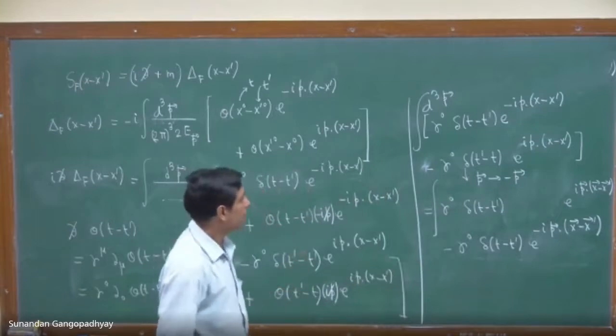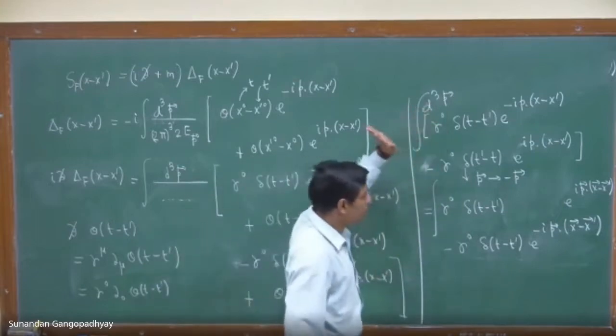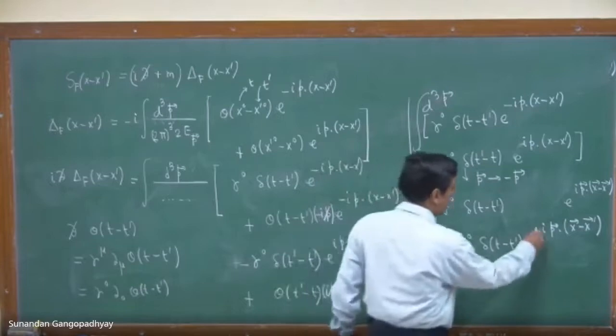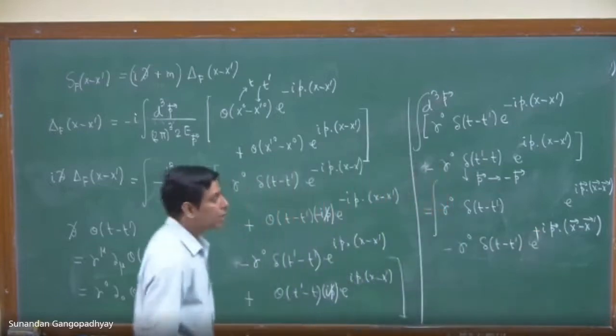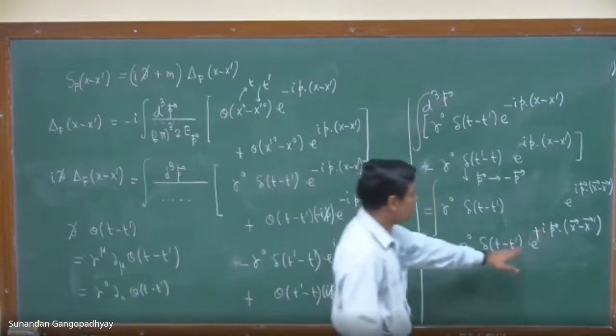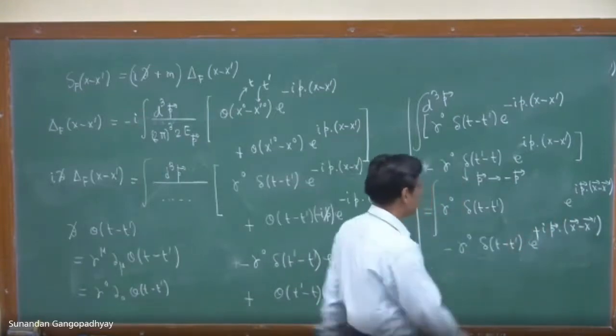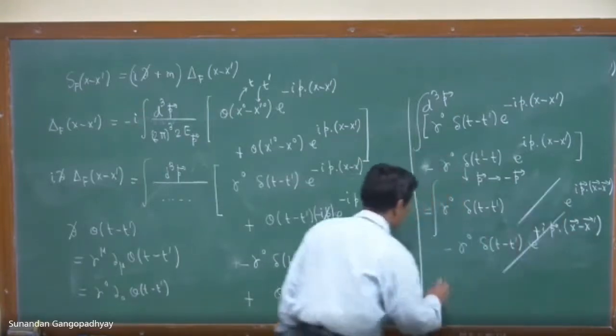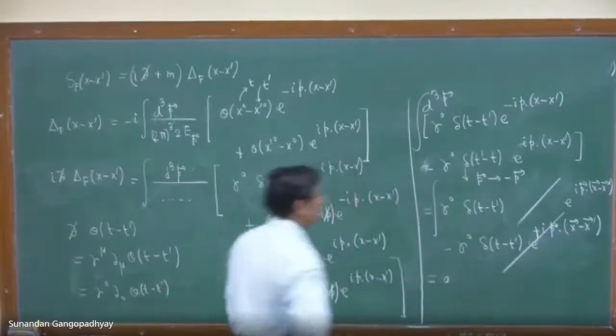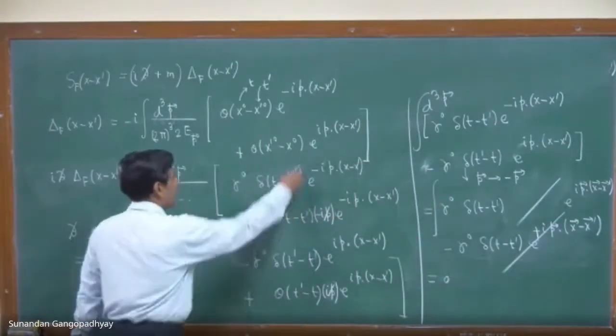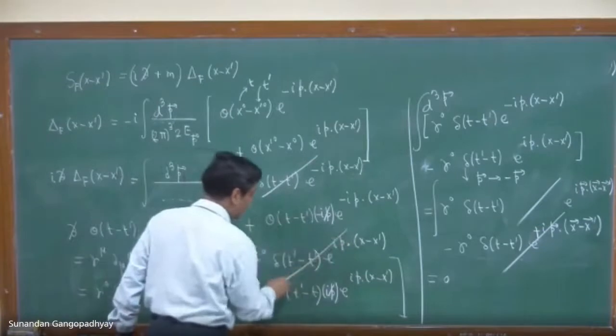Then d cube p remains unchanged, but this becomes a plus, because this term becomes e to the power of i p dot x. And now you can see that this term and this term therefore cancel, and it is zero. So what we have shown is that this and this term have cancelled.